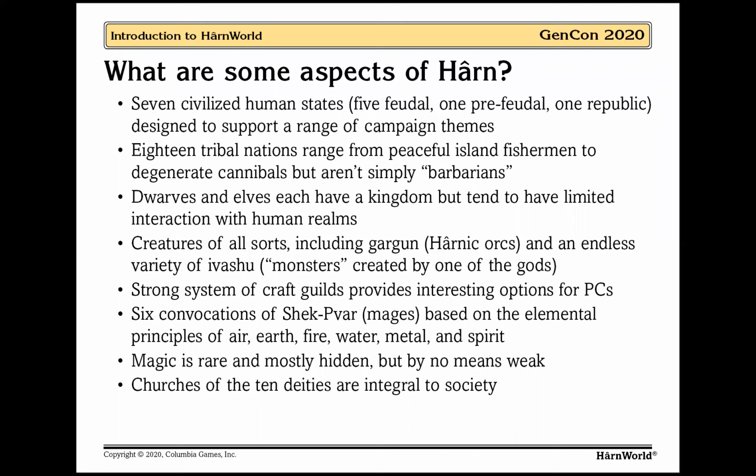The other aspect of the game that gets people is magic. The setting was designed so that it was not magic weak, but that magic was subtle.